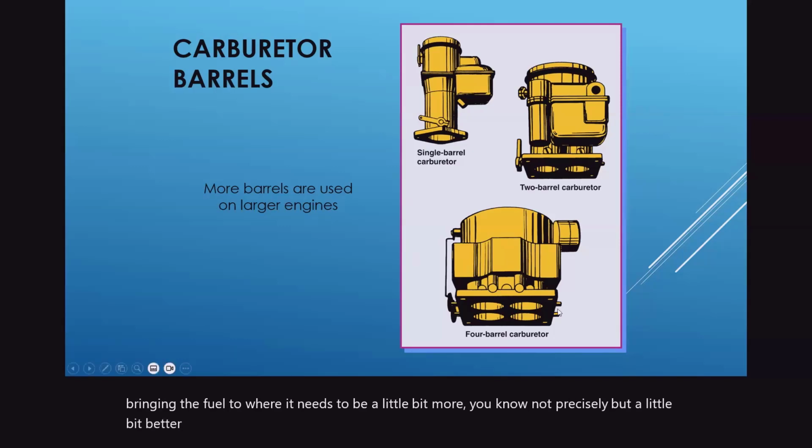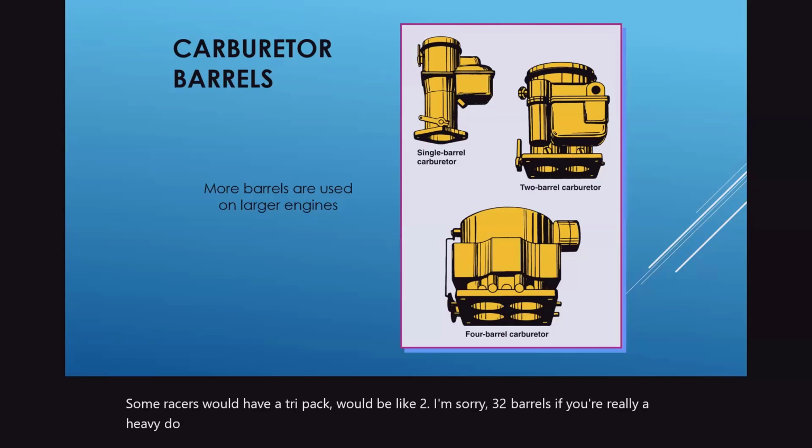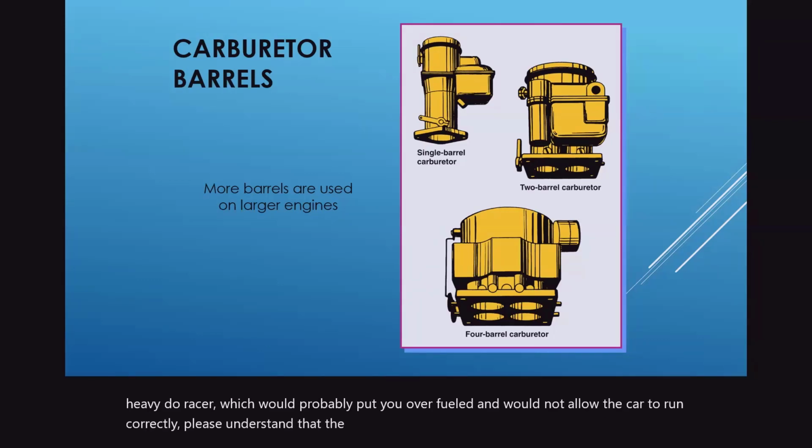And then, of course, you had the 4-barrel carburetors. So some racers would have a tri-pack, which would be like three 2 barrels. If you're really a heavy-duty racer, which would probably put it overfueled and would not allow the car to run correctly. Please understand that the bigger sizes of carburetor doesn't necessarily mean it's going to run better.